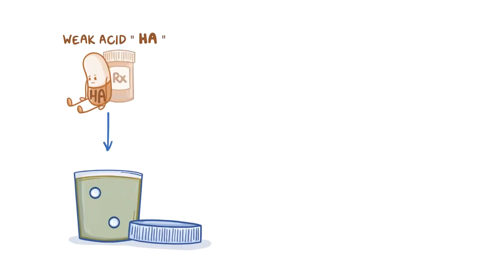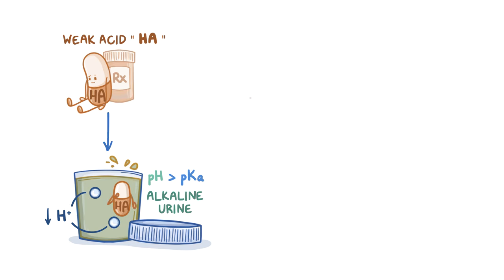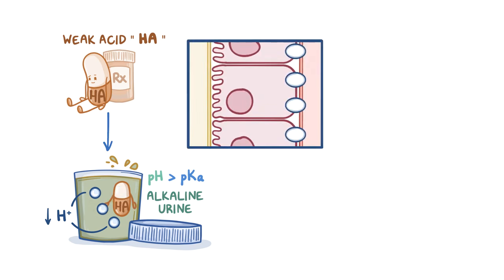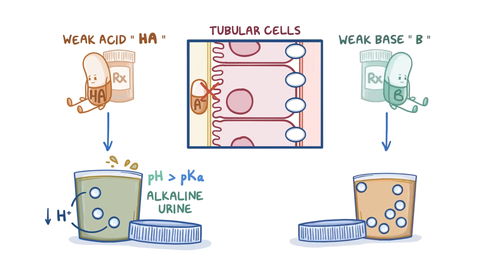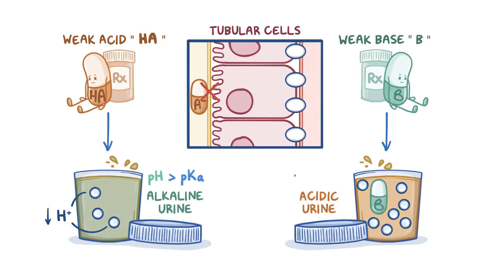So, let's say we place a weak acid, HA, in alkaline urine with a higher pH than the pKa. Since there are fewer hydrogen ions around, it's going to give up its own hydrogen ion and turn into its charged form, A-. Since it's now polar, it can't pass back through the tubular cell's membrane. On the flip side, let's put a weak base, B, into acidic urine, with a pH lower than its pKa.